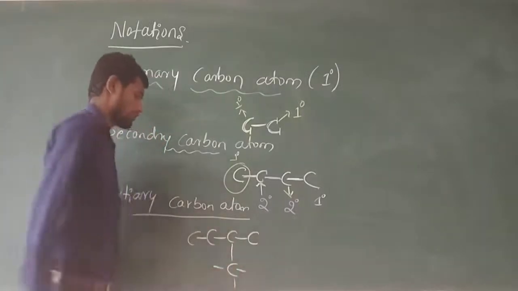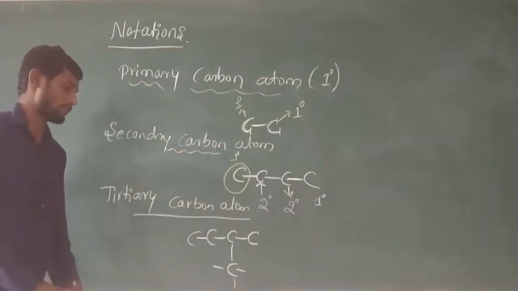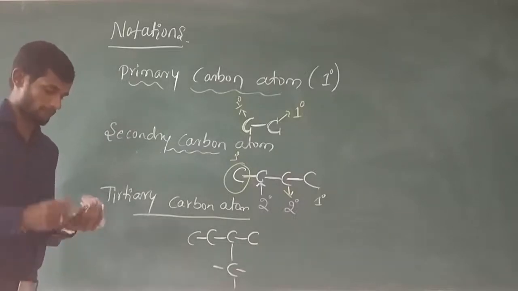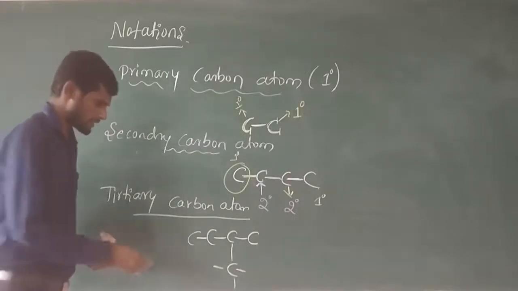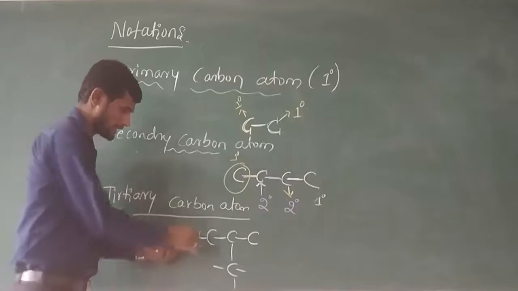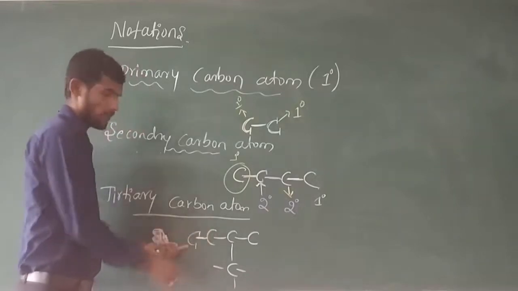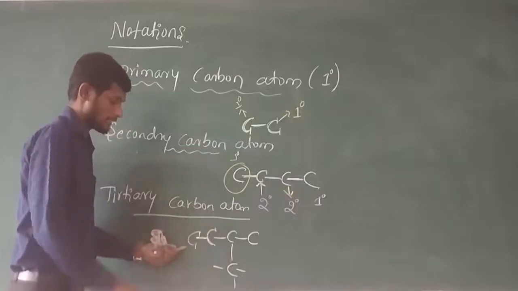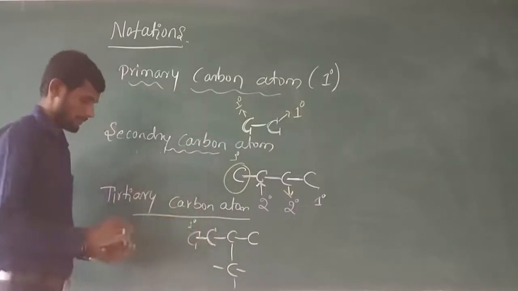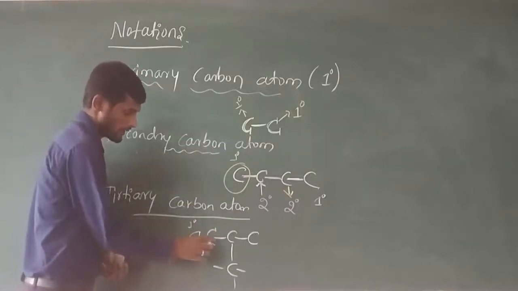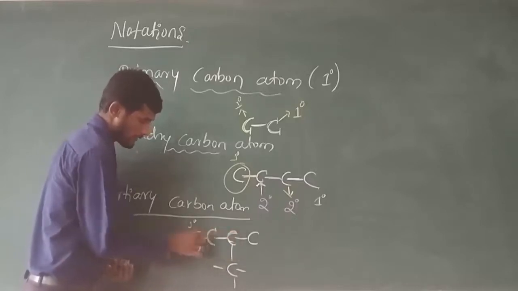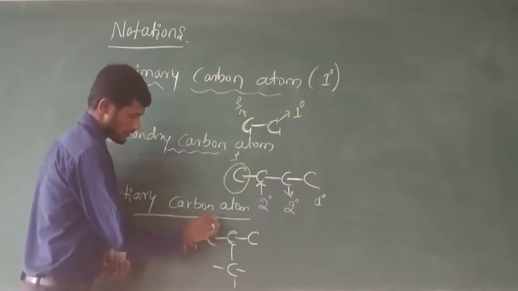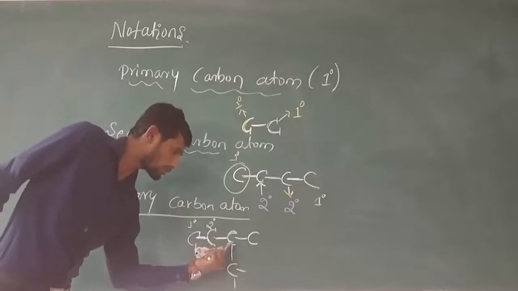Yes, among these, which one is the tertiary carbon atom, which one is secondary, and which one is primary? So let's first take this carbon atom. This is bonded with one bond and attached with a single carbon atom, therefore this is primary. What about this? Here this one carbon atom and this one carbon atom, therefore it is secondary. Then what about this?